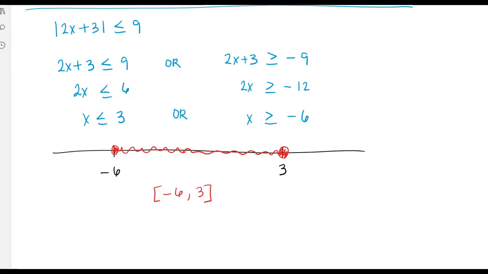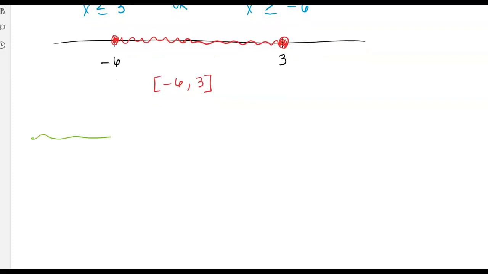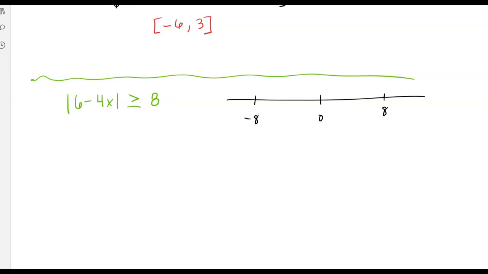Let's do 2 more examples where the inequality is going the other direction. Suppose that instead we look at a particular number and it is greater than or equal to 8 in its absolute value from 0. What we mean by that is that it's going to be here or here.